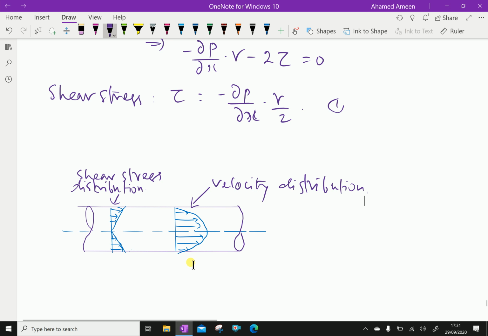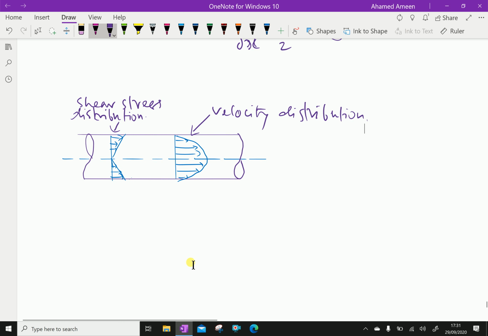Now first we will consider the velocity distribution.